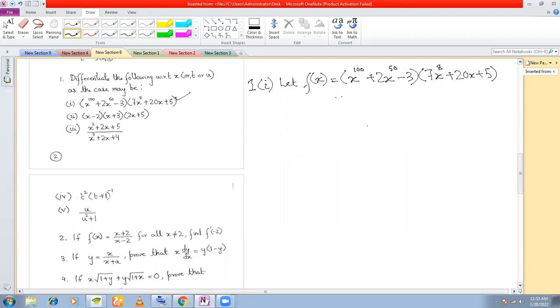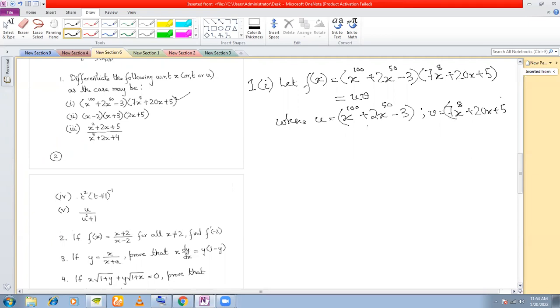Now this is a product of two functions. So I can take this as u into v, where u is equal to x to the power of 100 plus 2x to the power of 50 minus 3, and v is equal to 7x to the power of 8 plus 20x plus 5.